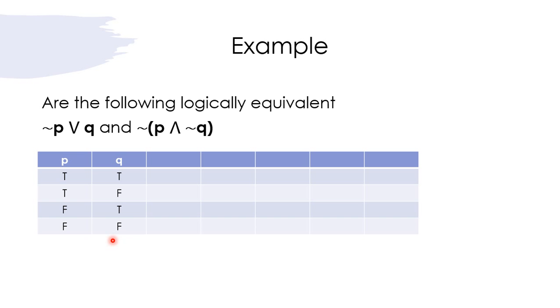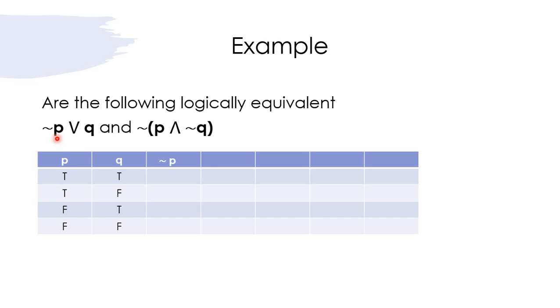Now, looking at what we're going to focus on first, not P or Q. In order to find the truth value for this proposition, we know what Q is, but we need to know what not P is.